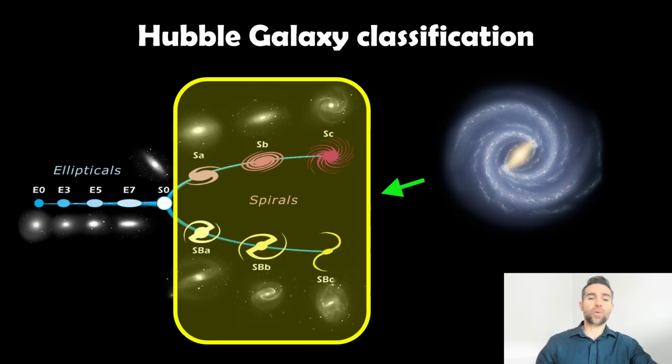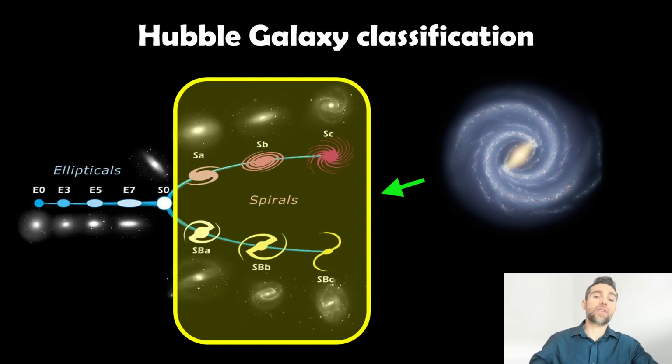Now, if we go straight back to the tuning fork diagram, the Hubble classification system for galaxies, we have spirals on the right-hand side. Depending on which version you see, you may see 2 pathways, you may have 3, there might be an additional one in the middle. But basically, these are spiral galaxies that have spiral arms, they're disk-like galaxies, they have lots of gas, they lose or deplete their gas as they age, their spiral arms become more tightly wound and they get slightly redder.